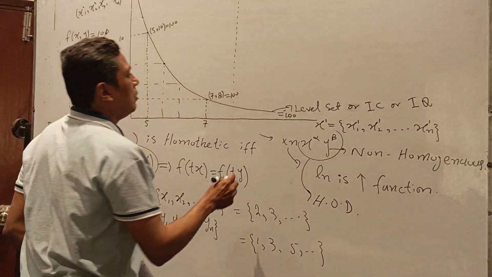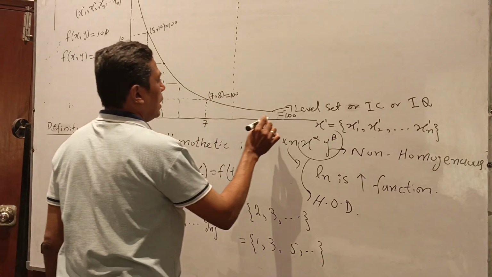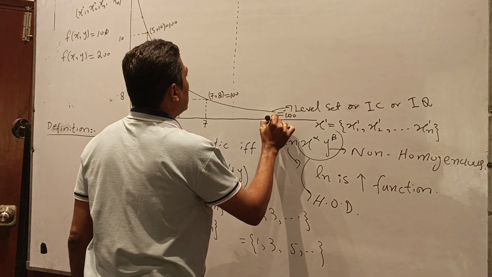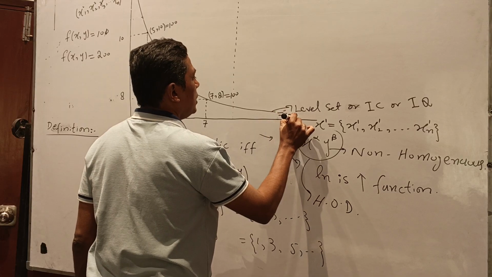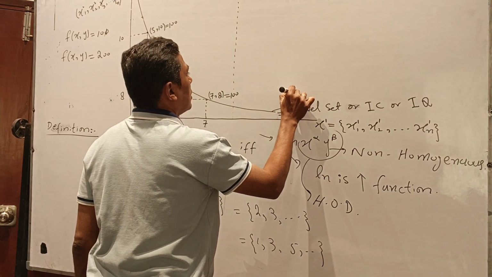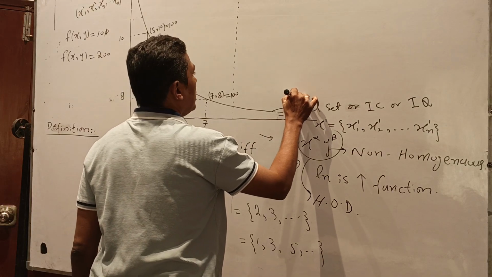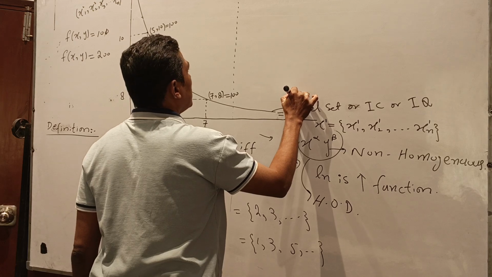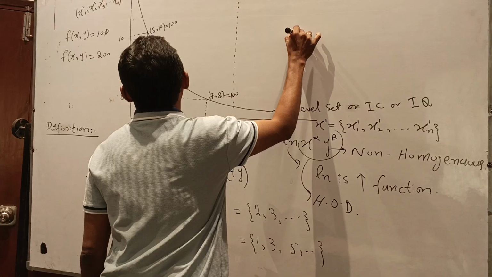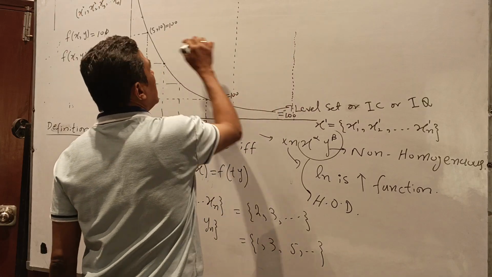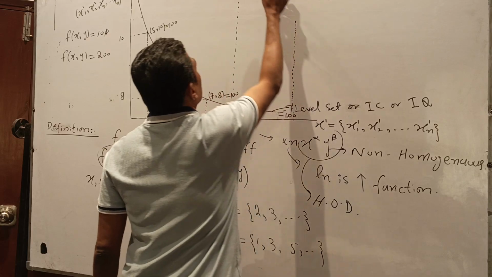So this value becomes, for example, 14 and 16. So here we take, for example, 14 and 16. That was 10 initially, so I take 14 and 16 here.